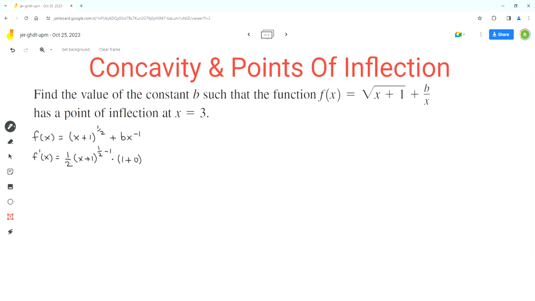Now we can move on to the second term. b is a constant and it's a coefficient of the term, so it will stay as it is. And for x exponent -1, we can use the power rule. So we'll move the -1 to the front and subtract 1 from the exponent. Now we can simplify this expression.